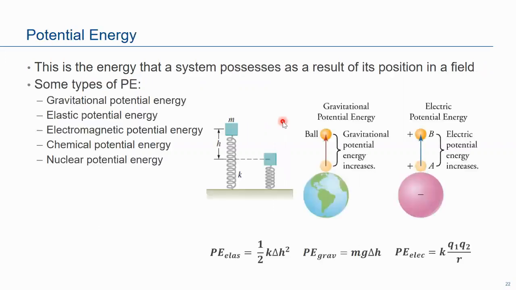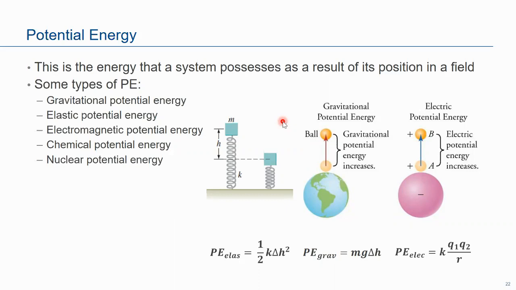Next, potential energy. This is the energy that a system possesses as a result of its position in a field. Pag sinabi nating field, pwedeng gravitational field, pwedeng electric field, and some other kinds of fields. And there are many different types of potential energy. So nandyan na nga yung gravitational potential energy, which is the potential energy due to elevation.